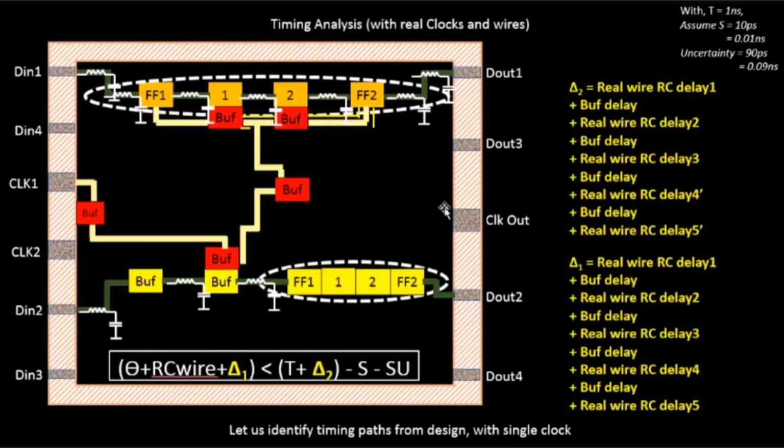In the next set of videos, we'll talk about how we come up with the width and height of the core and die, what the utilization factor is, and what the aspect ratio is. We'll start coming up with these particular terms, and we'll also go into detailed lectures for each and every step of the physical design flow from the next video.